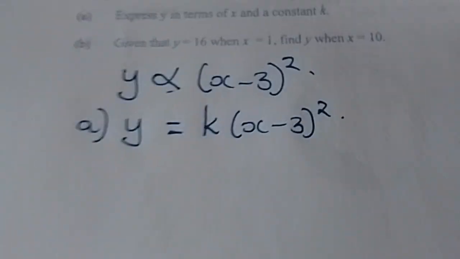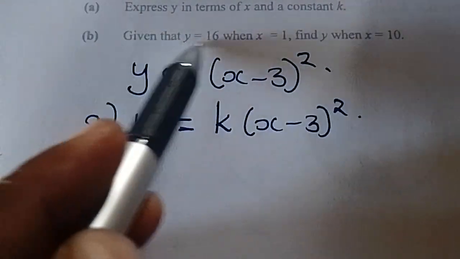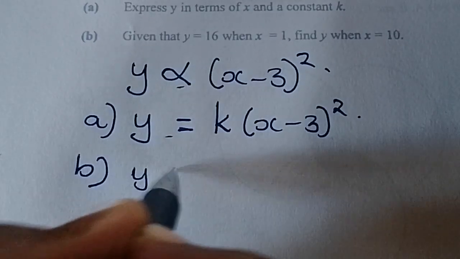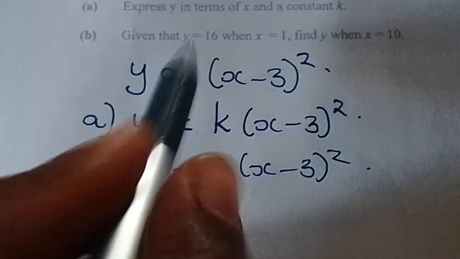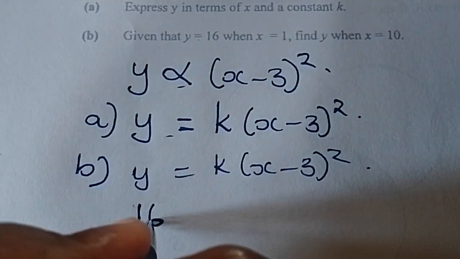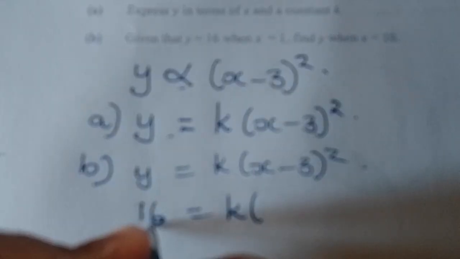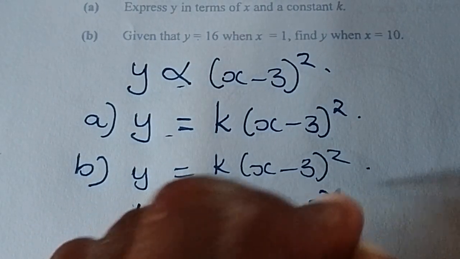Then b, that's our b. Given that y is equal to 16, so we are continuing with this. Y is equal to k times x minus 3 squared. We are given that y is 16 when x is equal to 1. So for y we substitute it with 16. For x we substitute it with 1 minus 3 squared.